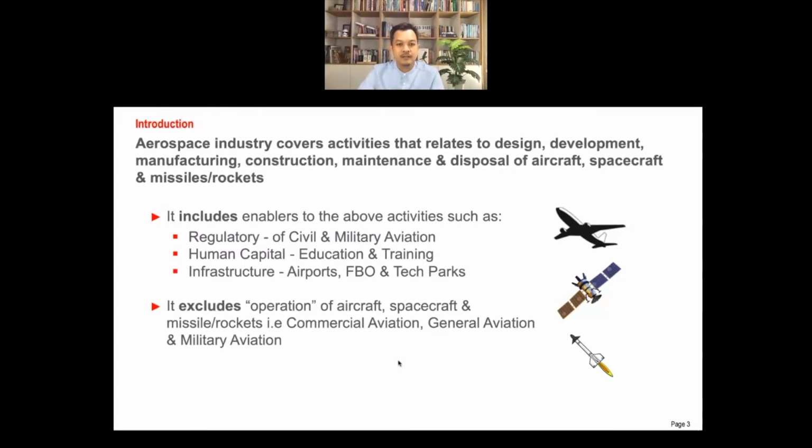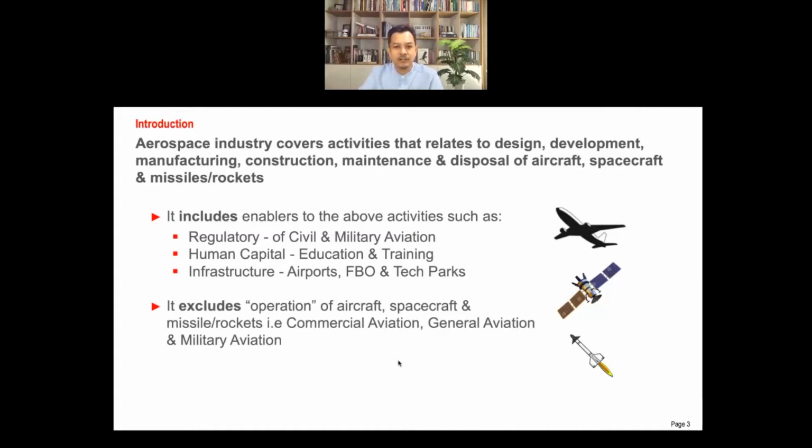But in this particular definition, we exclude the operation of aircraft. For example, how airlines operate is not included in this aerospace industry definition. Okay, operation of aircraft, spacecraft, and missile or rocket, including commercial aviation, general aviation, as well as military aviation. So I hope that you can really understand what we mean by aerospace industry.